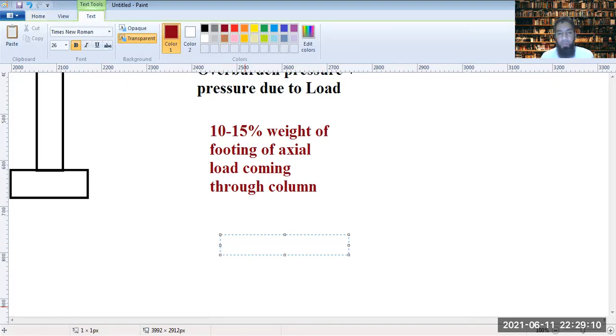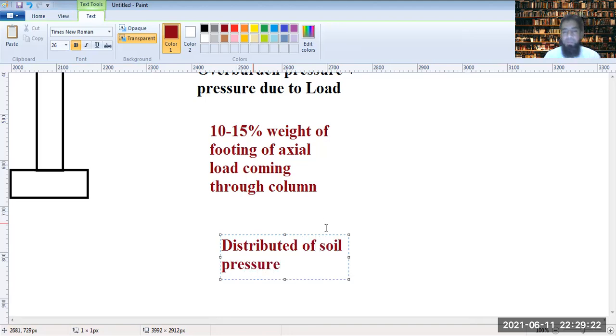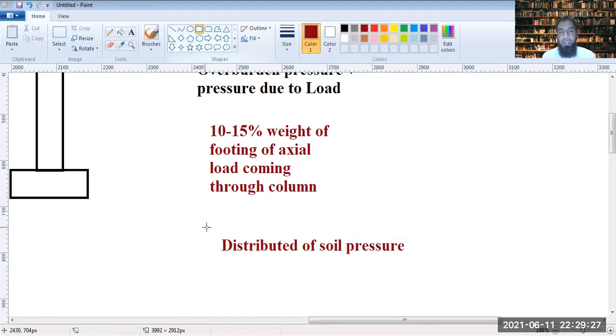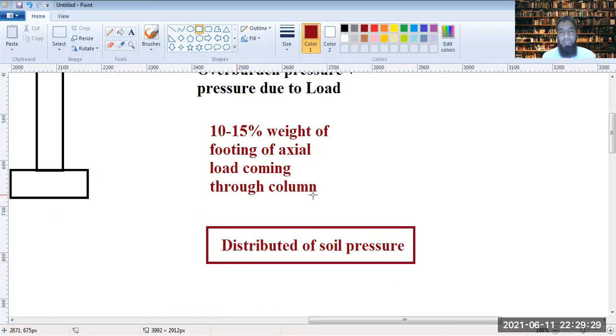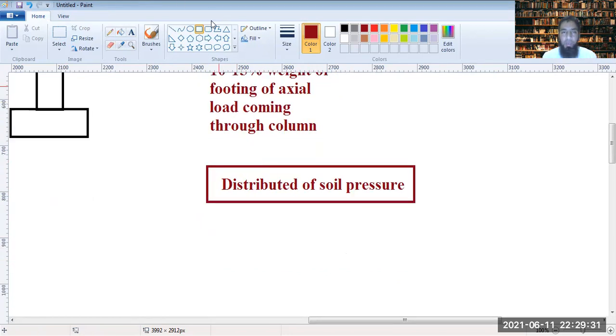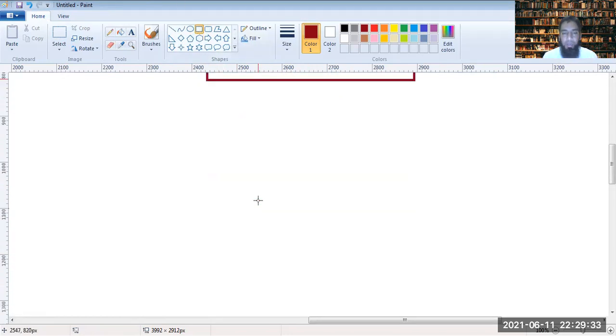So we actually then need to know how these pressures are distributed. Now this is very important, how the soil pressure is actually distributed in the soil. Now let me go through this.